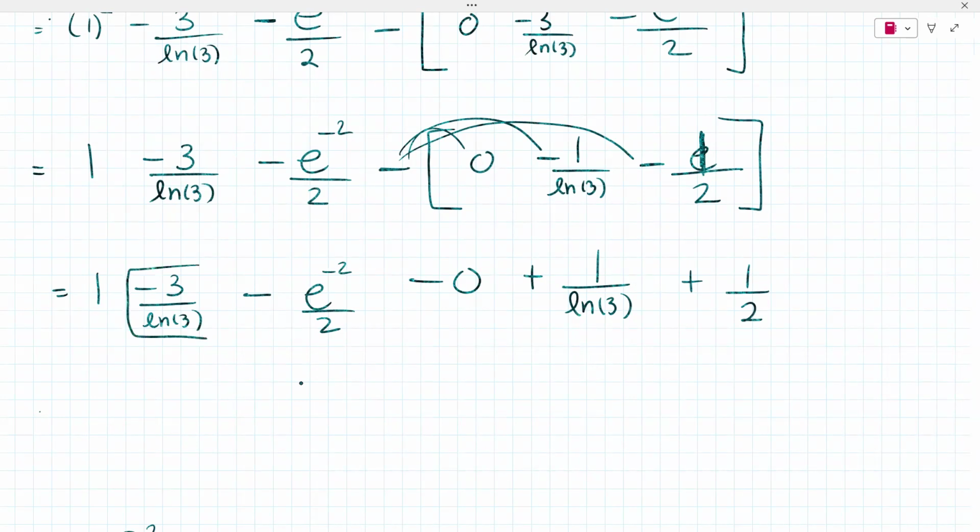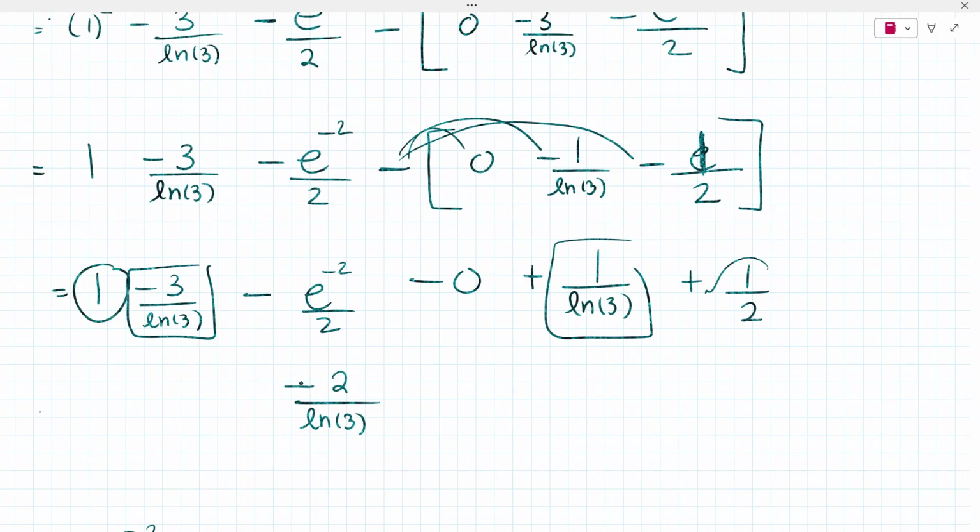I can collect this and this because they both have a ln of 3. So what's negative 3 plus 1? Negative 2 over ln of 3. And then what's 1 plus 1/2? That's positive 3/2. And then you have this negative 1 over 2 e to the negative 2. And that's it.